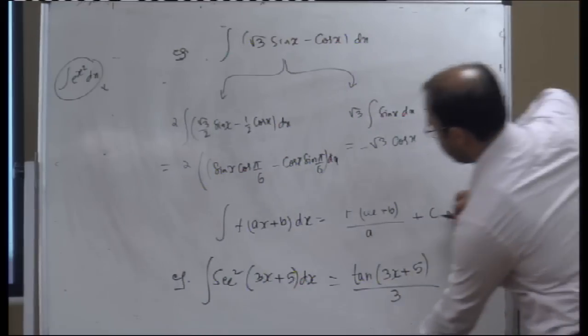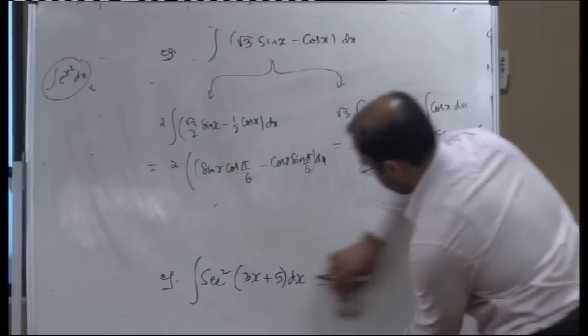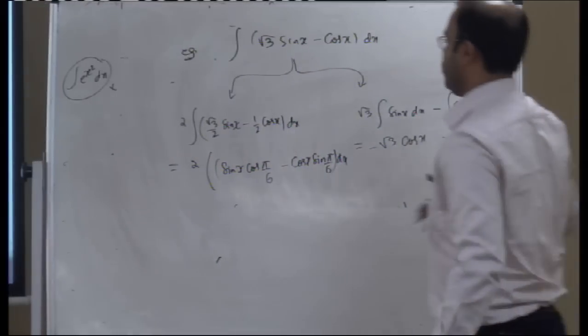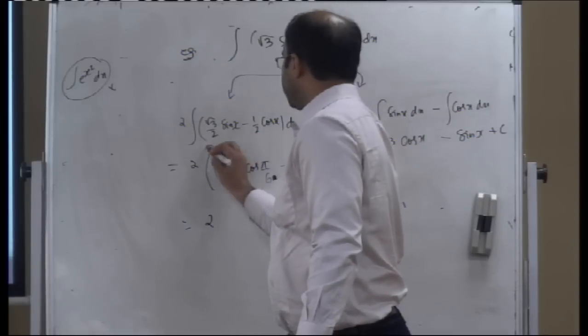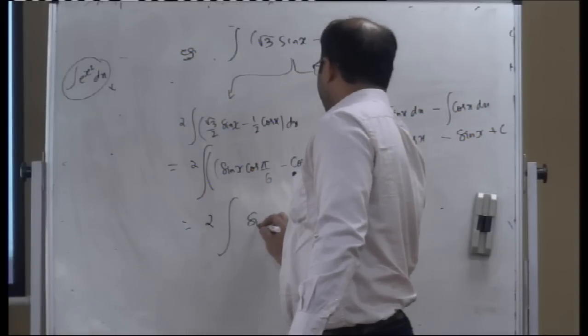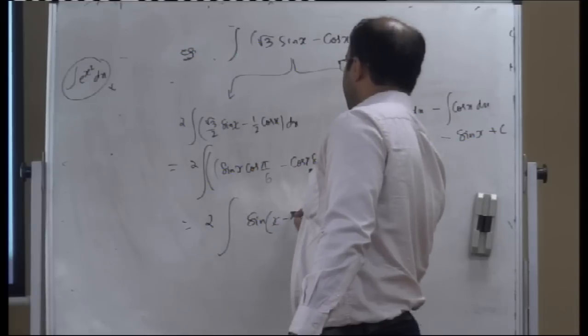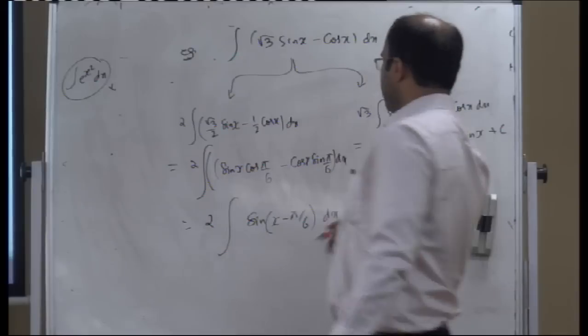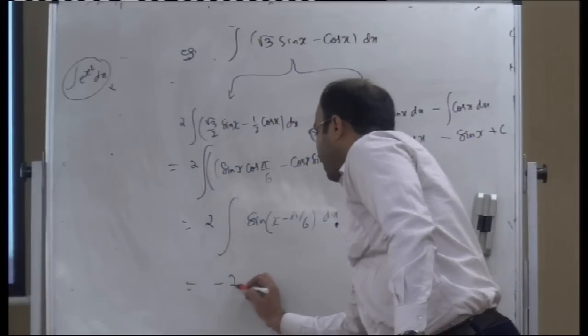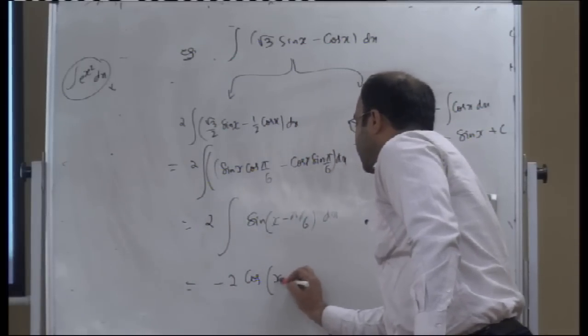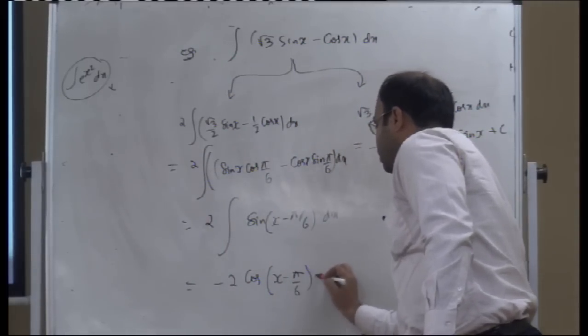And then you can write it as 2 times, this integration is outside, sine of (x minus pi by 6) dx. Now you have to integrate only one trigonometric term, which will give you minus 2 times cos of (x minus pi by 6) plus constant of integration.